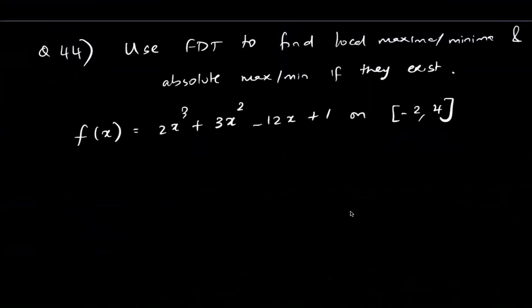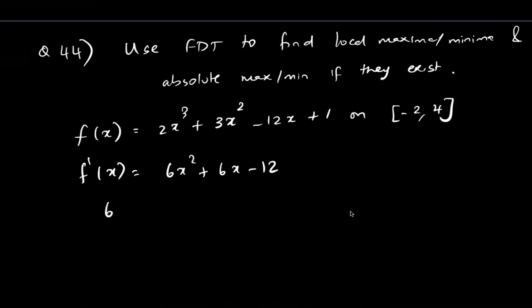This question is asking you to use the first derivative test to find the local maxima, minima, and also the absolute maximum and minimum if they exist. So I'm going to take the first derivative first. I'll have 8x squared, I'm sorry, 6x squared plus 6x minus 12. Am I right?